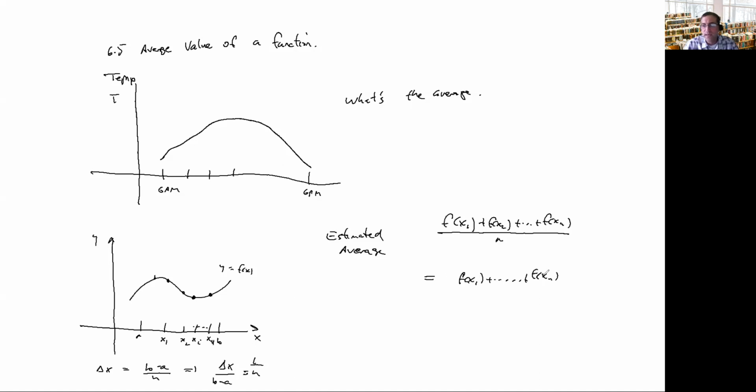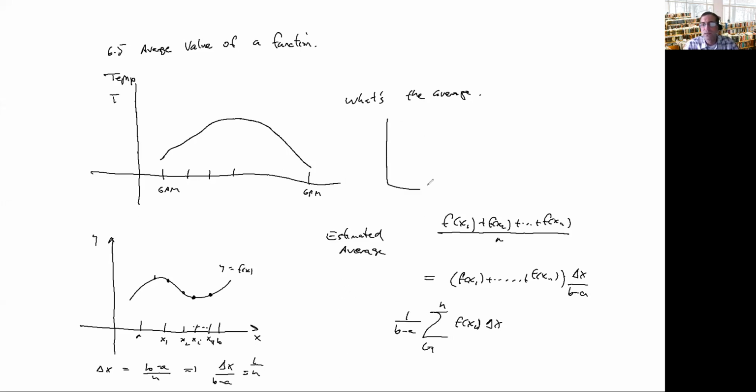But 1 over n, we saw, is given by delta x over b minus a. Now we can rewrite this as the sum. I need more room, so I'm going to erase this equal sign. It's 1 over b minus a times the sum of f of xi times delta x, i goes from 1 to n. So that's the estimated average.